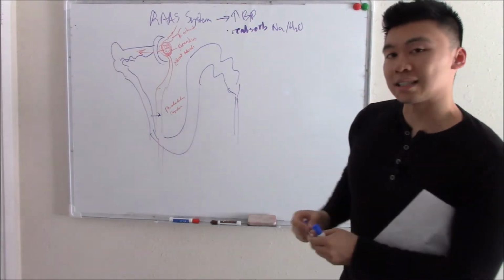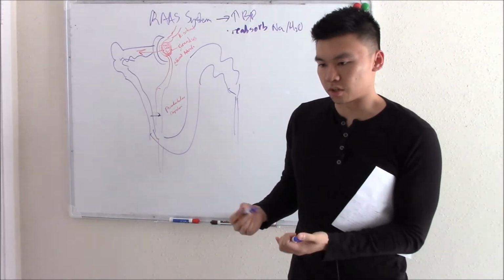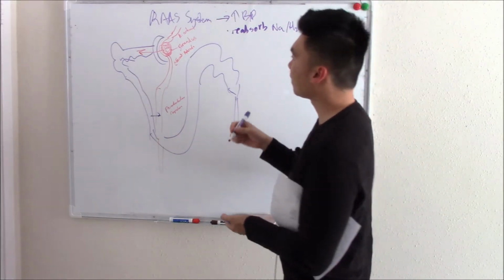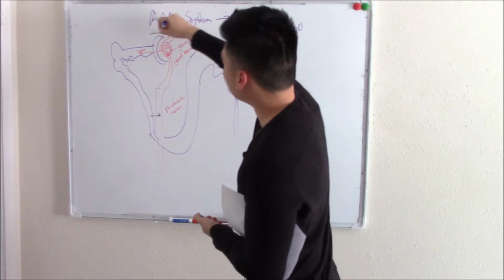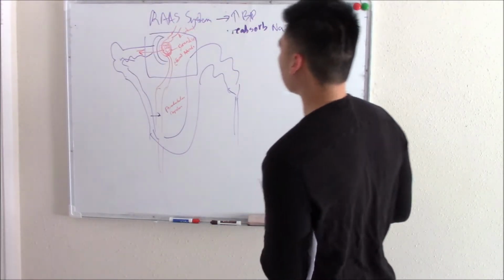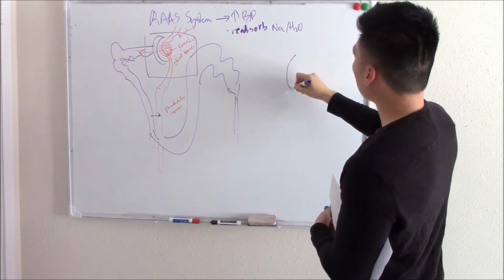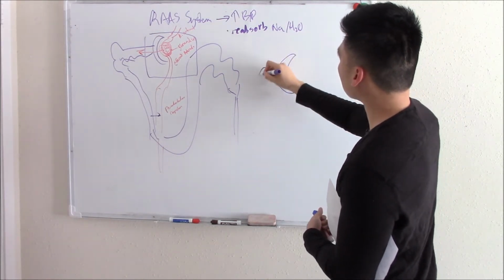So how does the RAAS system work? You sense that low blood pressure, you want to raise it back up. How does it work? Well, there's some very, very important cells right in this region. So let's just blow it up, magnify it. So here's your glomerulus with your proximal convoluted tubule.